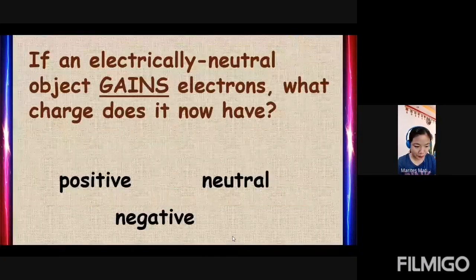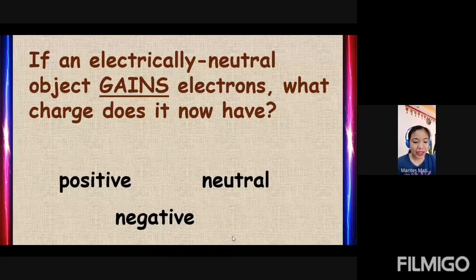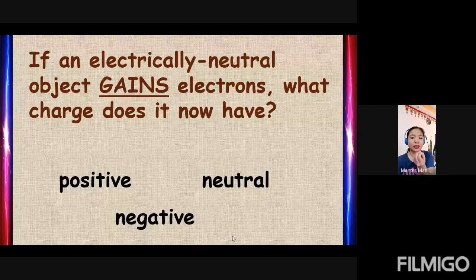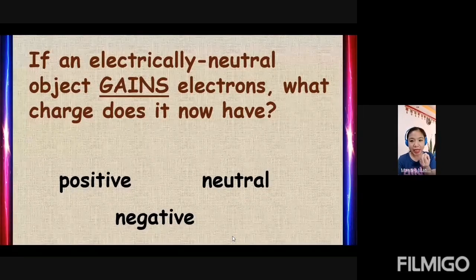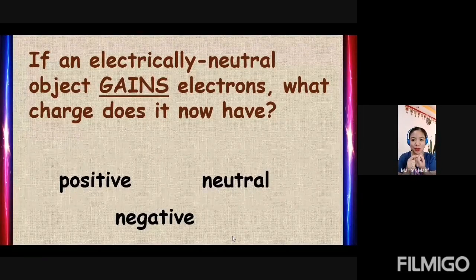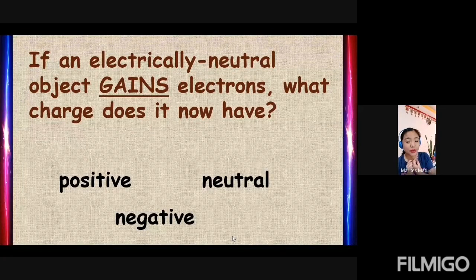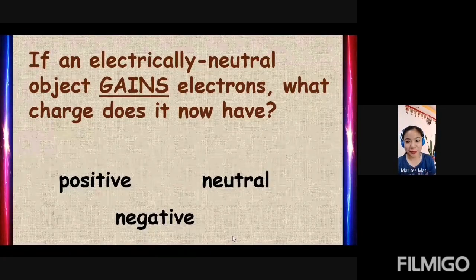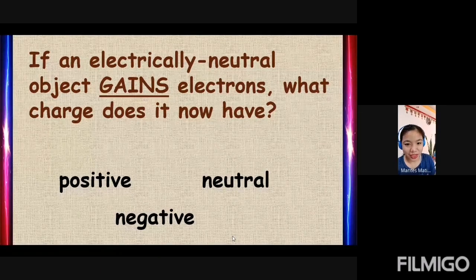Okay. So, an electrically neutral object gained electrons. What charge does it now have? Is it positive, negative, or neutral? Okay. Negative. Question? Yes, Faith?